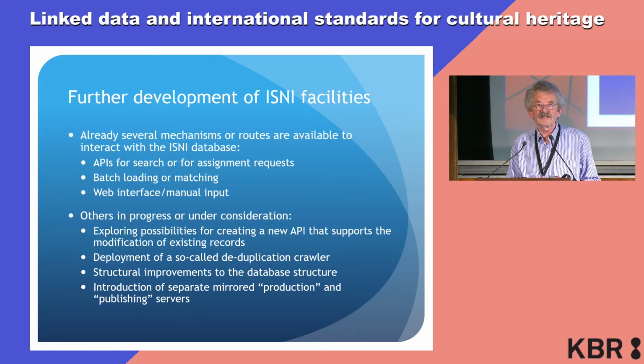Then our quality team can take care of that, do the necessary research, merge the records, or split them if identities have been confused in a particular record. But we need to do this kind of thing at more scale as well, and the idea is that we institute this so-called crawler, which is going to be alerting us to the possibility of duplications, which we can then follow through and identify and rectify.